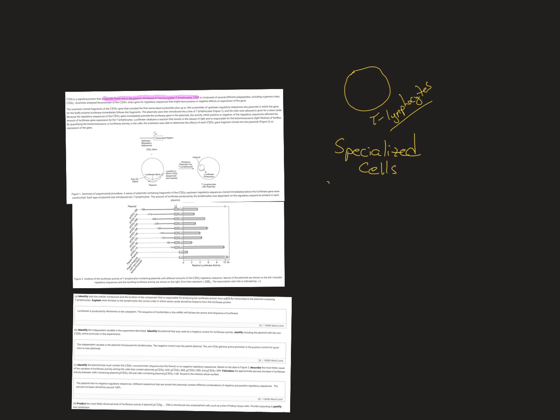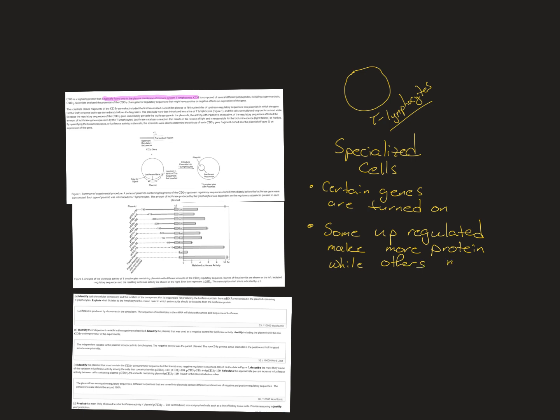That means that certain genes are turned on, and of the ones that are turned on, some are upregulated, which means they make more protein, while others make less.